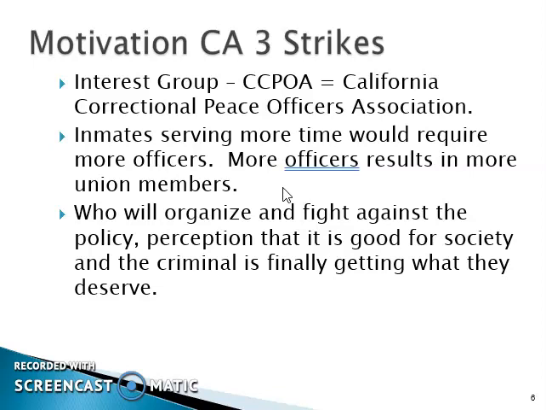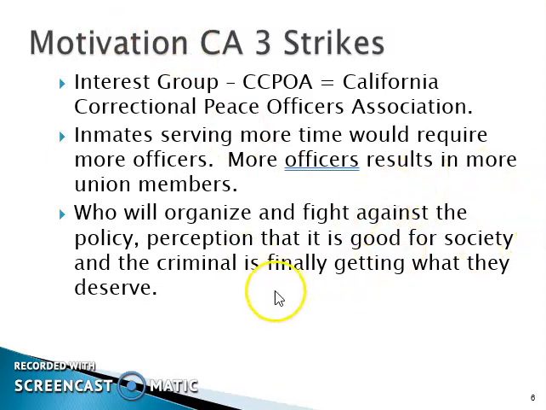This would require more prison guards because more people would be in prison, and you would need guards to guard them. So they go to the California legislature, and they get it put on the ballot. The voters vote for it, and California three strikes becomes law.